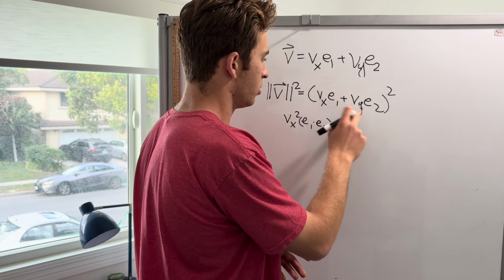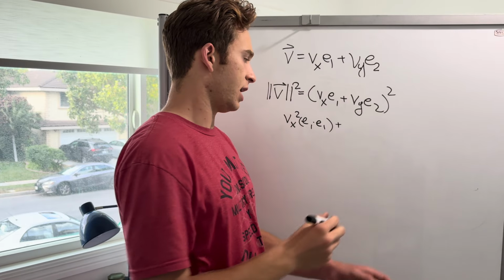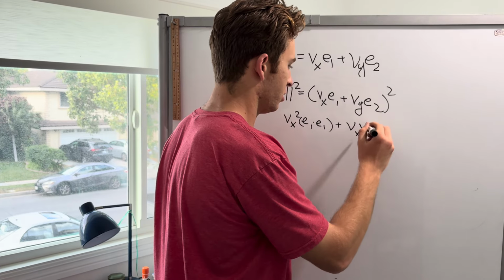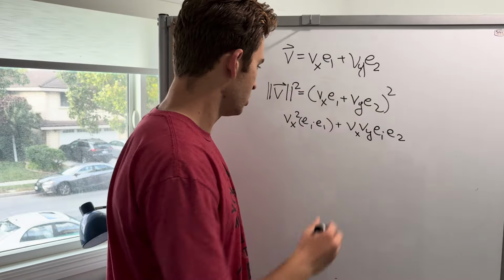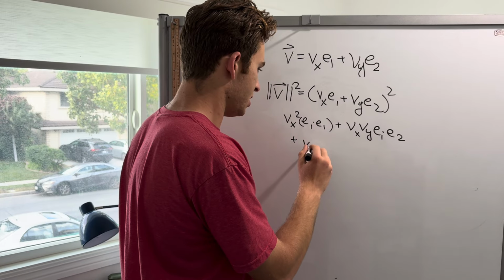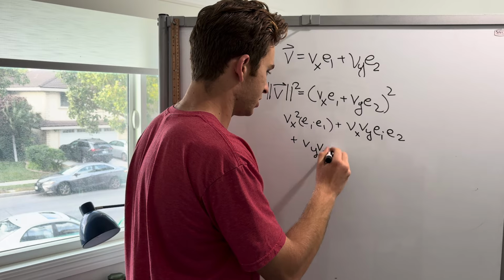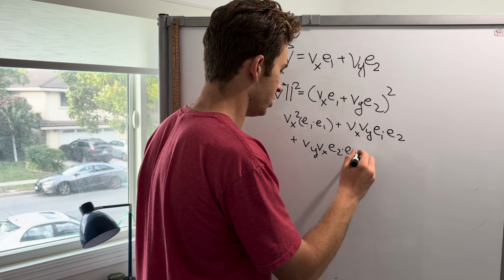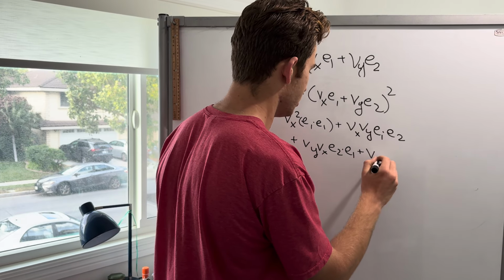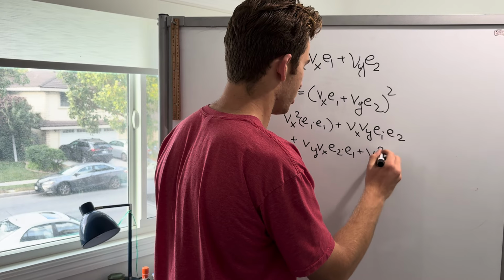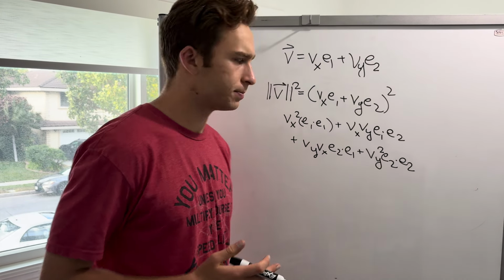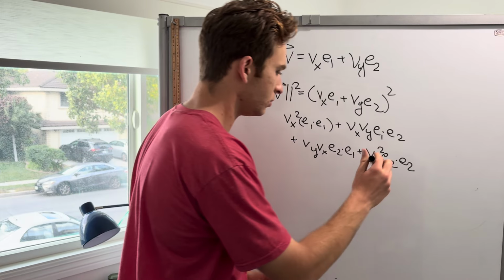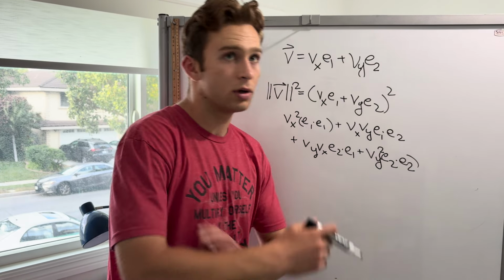And you get a term that is vx vy, you have e1 dot e2, plus a term where you get vy vx e2 dot e1, and then you get a term that's vy squared e2 dot e2.